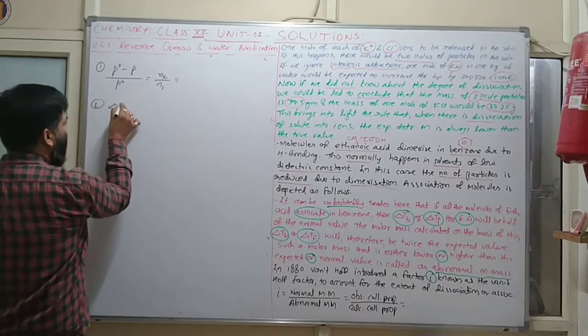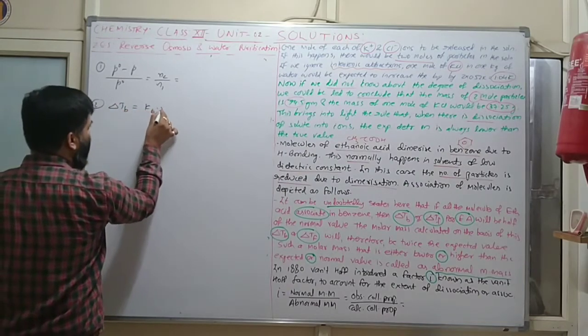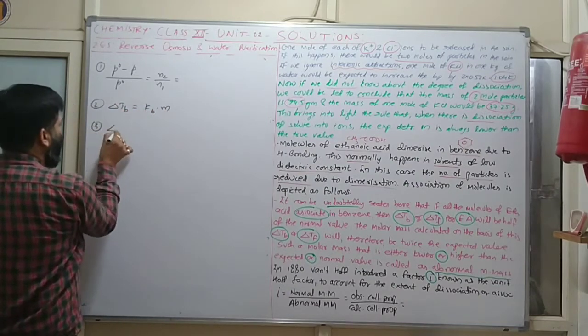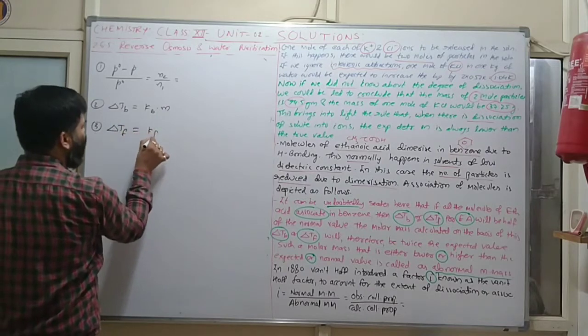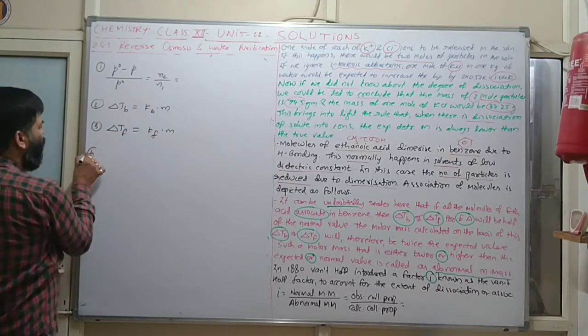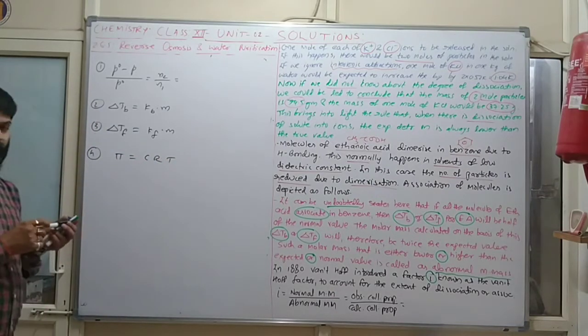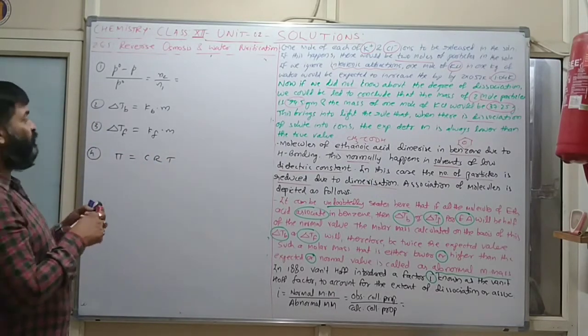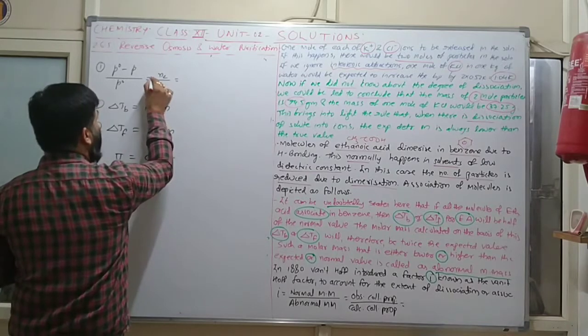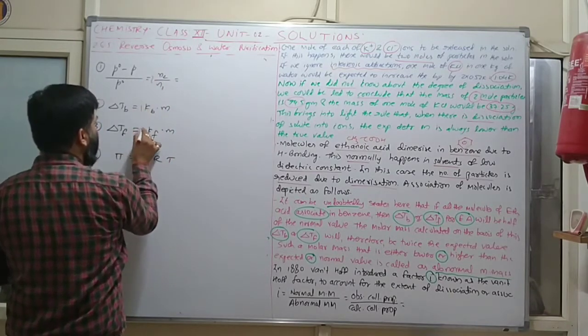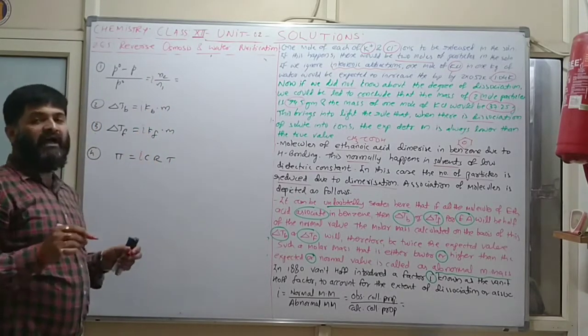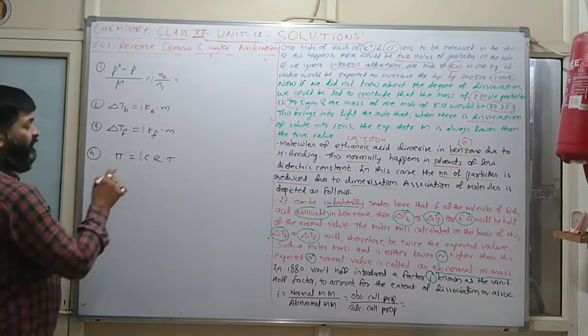Similarly, delta Tb is equal to Kb into m. Then the third one, delta Tf is equal to Kf into m. Fourth one, pi is equal to CRT. But whenever we form any solution, one important parameter will come, I. So how can we calculate I?